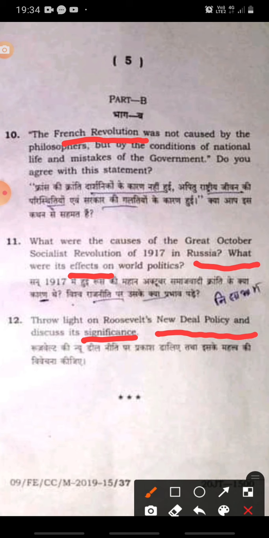So do practice and try to write in your own words. This is my suggestion, so that during preparation you can use these suggestions, and if you do writing practice, you can write good answers.